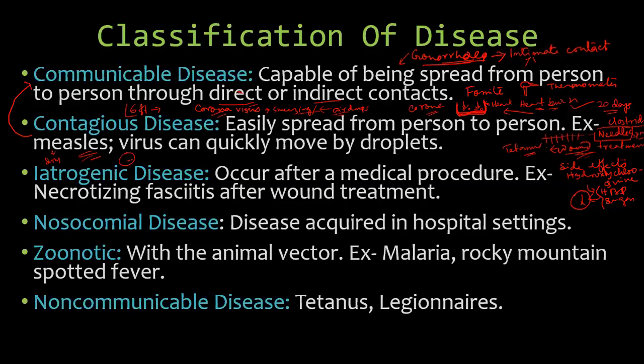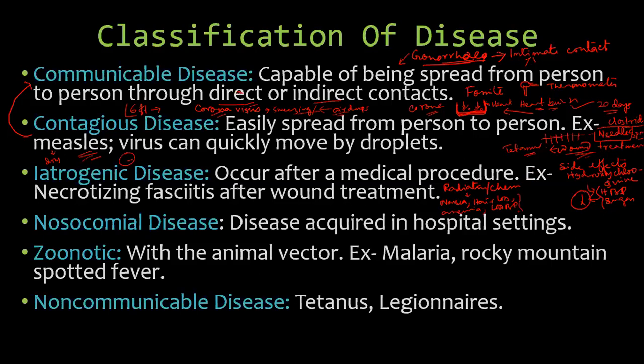Contaminated instruments, I already told you. Like let's say after radiation or chemotherapy, what you can experience is nausea, hair loss, anemia, and low blood pressure.